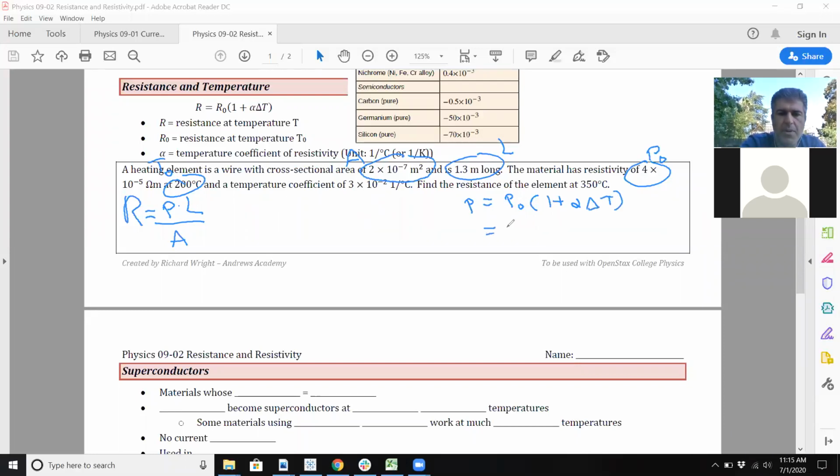So P0 is going to be 4 times 10 to the negative fifth, times 1 plus your alpha, negative 2.3 times 10 to the negative 2, and the change in temperature is going to be 150 degrees.